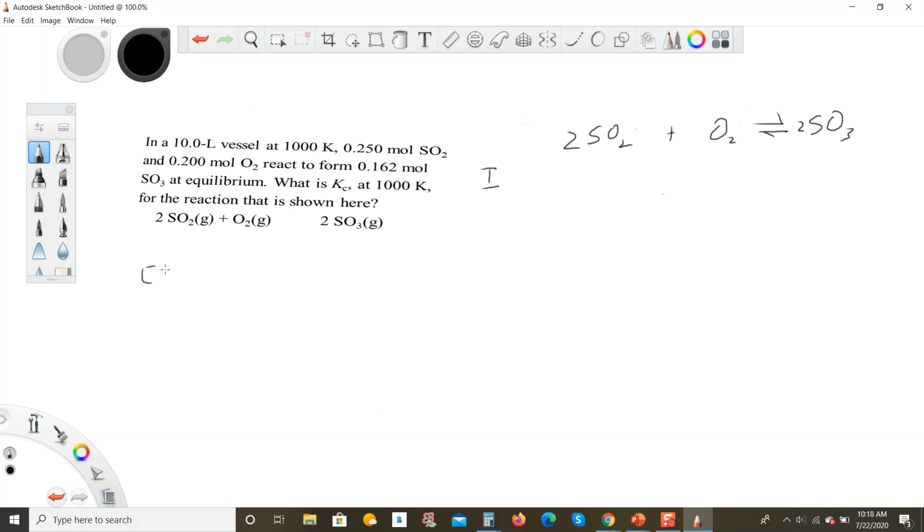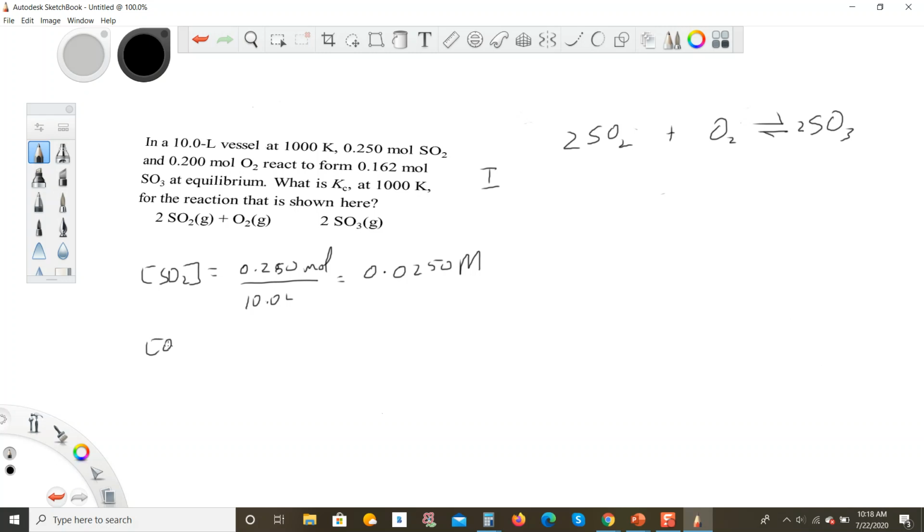So the concentration of SO2 is equal to 0.250 moles divided by 10.0 liters, and this works out to be 0.0250 M. We do the same thing for the oxygen.